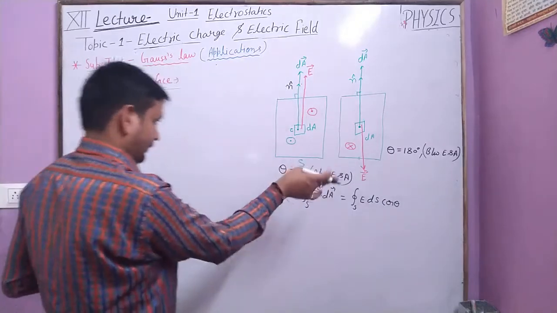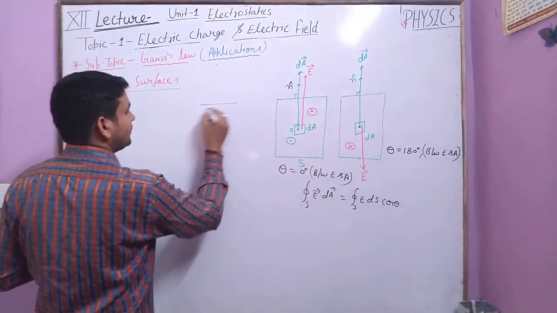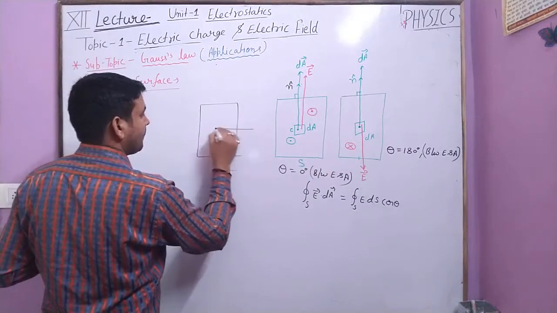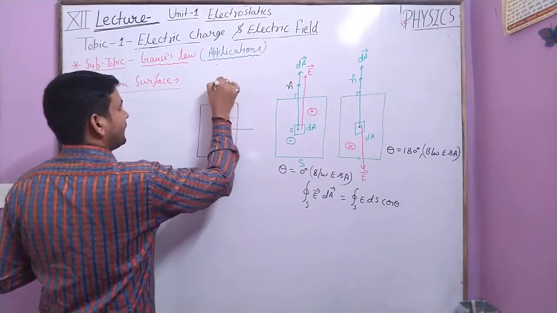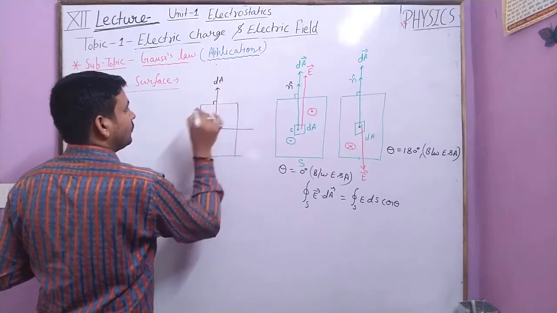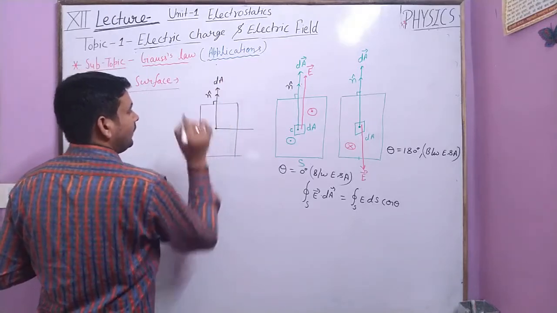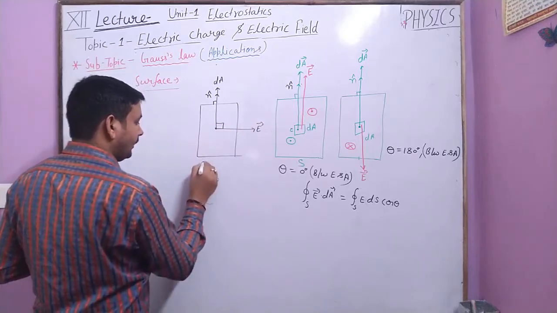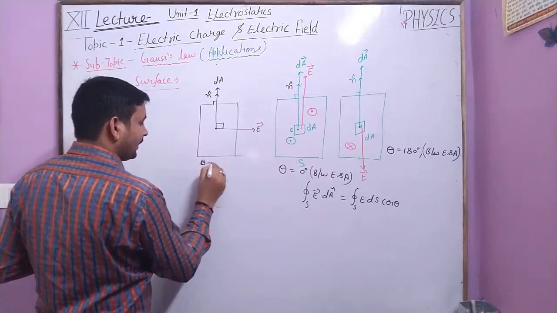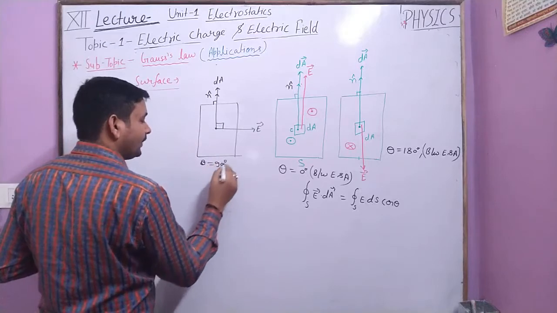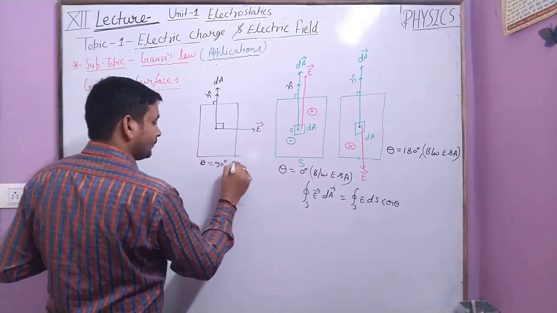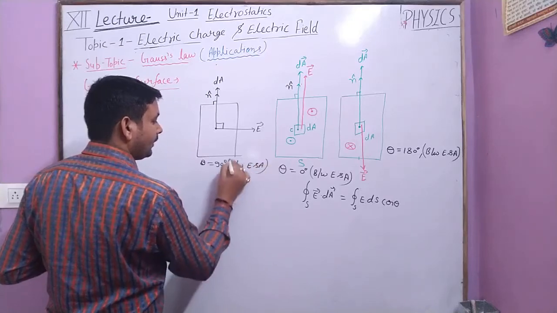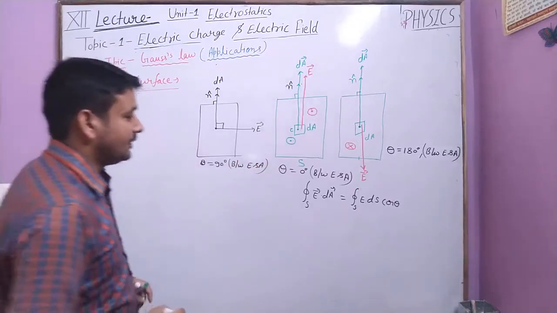And I will also form the third situation, for which this is the direction of dA normal to the surface, and this is the direction of electric field, which is 90, which means theta is equal to 90 degree, which is the angle between E and A. Clear? These are the three situations.